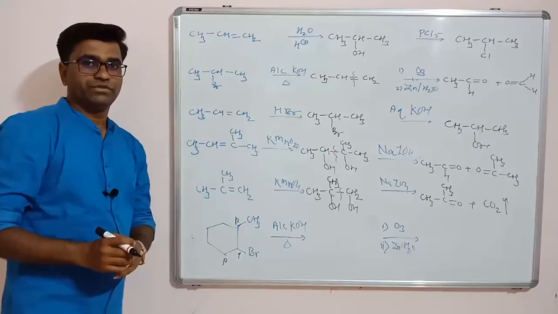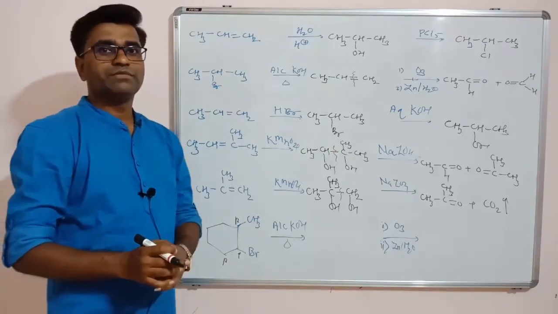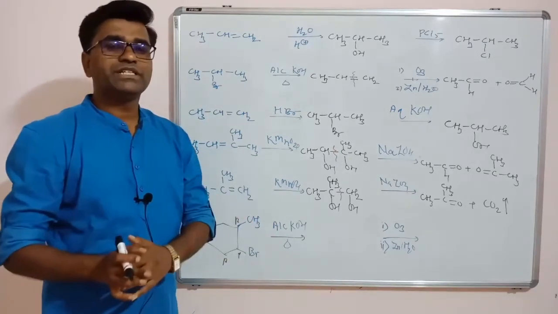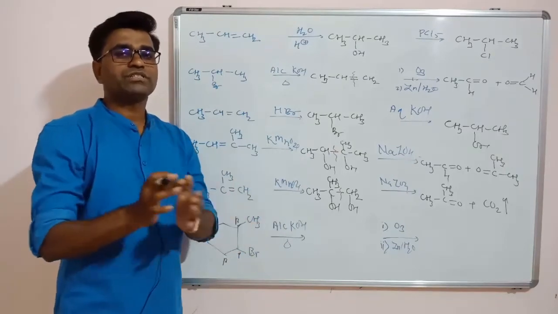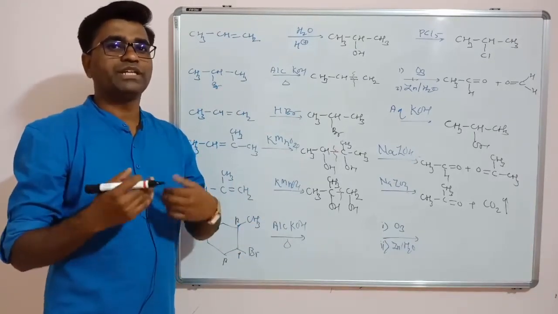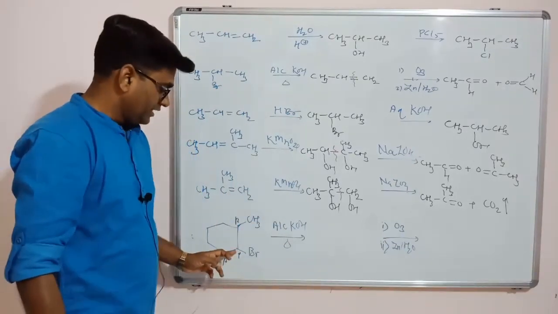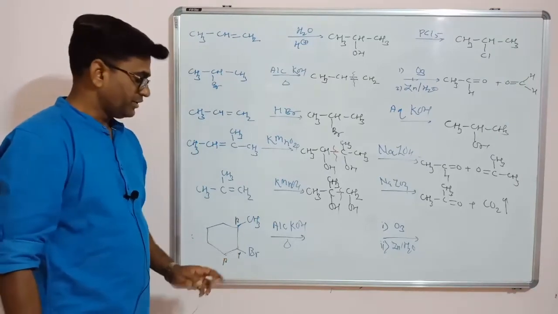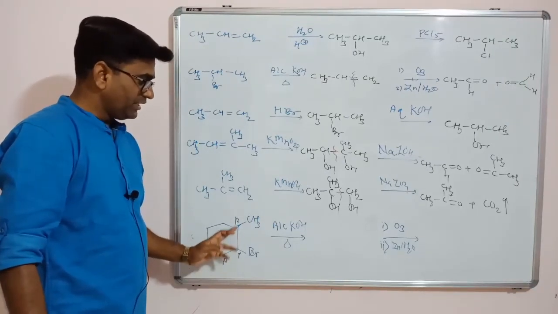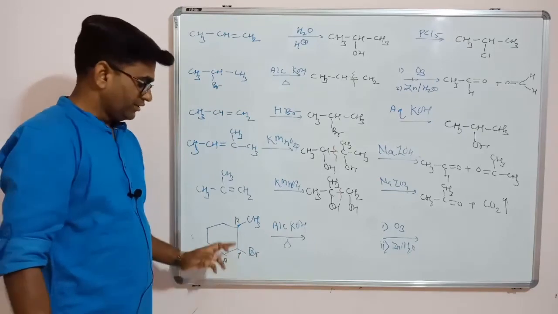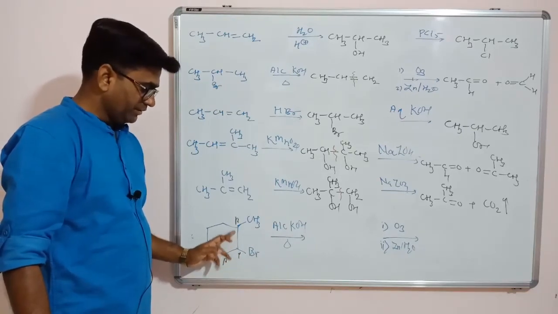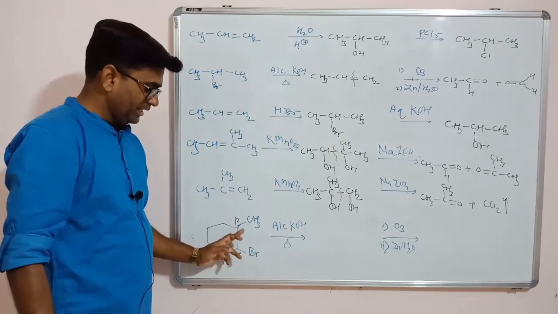That is Saytzeff's rule. So what Saytzeff's rule says, in elimination reactions, the most substituted alkene is obtained as the major product. If this alkene is formed, that is only disubstituted, but if this alkene will form, that is trisubstituted. So double bond will be formed over here. This beta hydrogen will be eliminated.